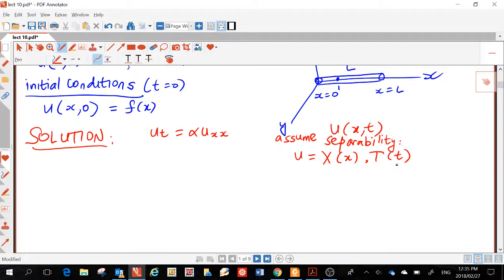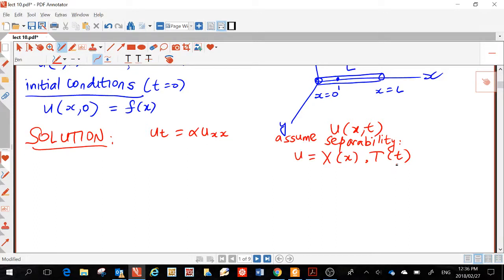If you take e to the x plus t, can you separate that? Isn't it e to the x times e to the t? In that case, you can split it up. It's quite possible. But if it's sin(x + t), there's no mathematical way to split it up as a function of x times a function of t.